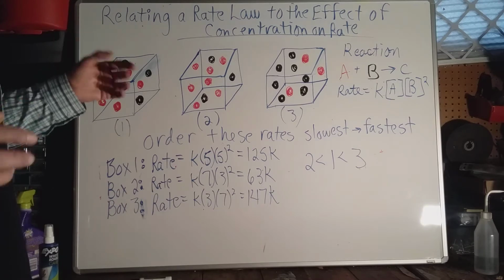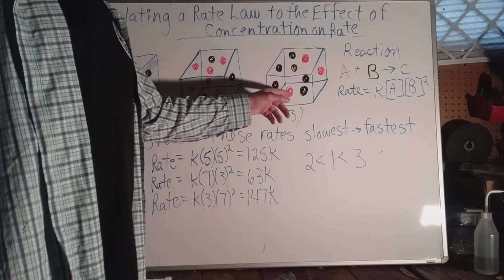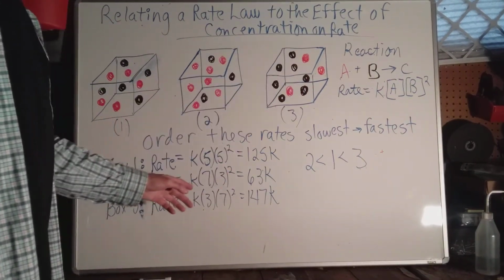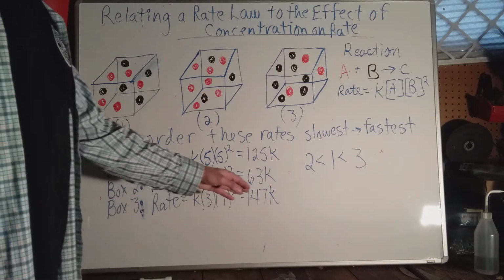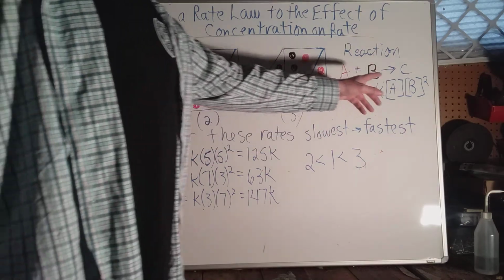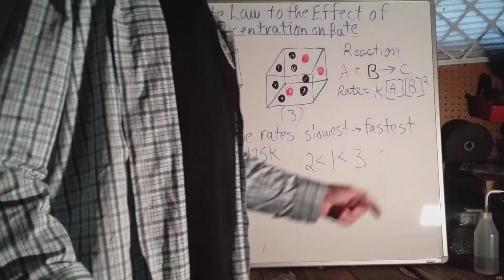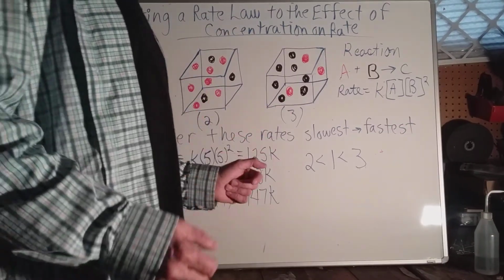We raise the number of molecules of B, represented in black, to 7, and decrease A to 3, and K times 3 times 7 squared is 147K. This is hardly surprising because our rate equation shows that B has by far the strongest effect on the rate of reaction, more so than A.